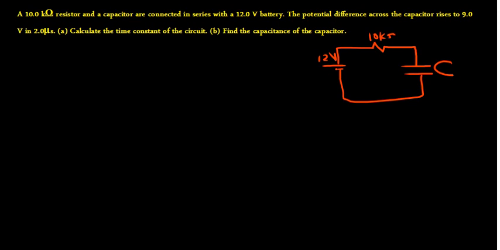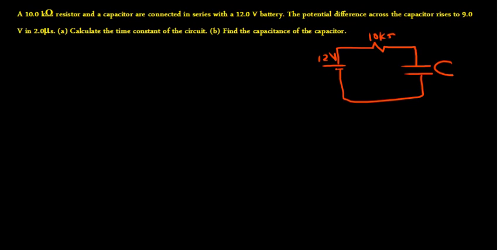Now the question is asking me to calculate the time constant and to find the capacitance of the capacitor. As a start, we said it's a charging process. That's one, so that will help us to visualize the scenario of the question.